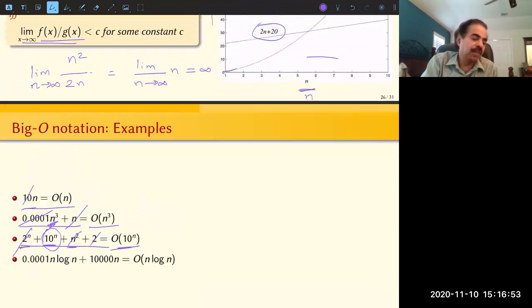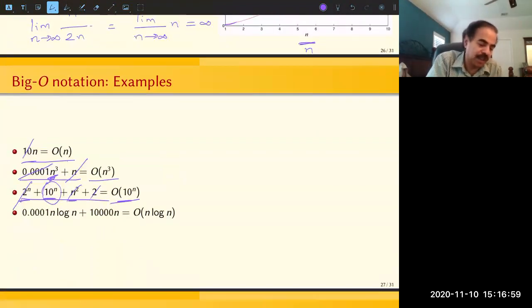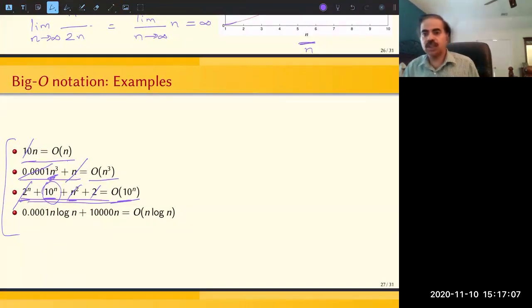If you follow the definition of limits and find the limit in each of these cases, you will find that the simplification we have done is correct. But in practice, the way we go about this is by dropping all except the highest degree term, and then ignoring the constants.